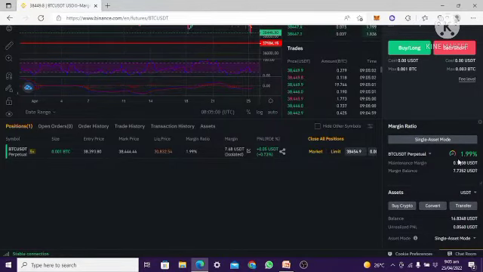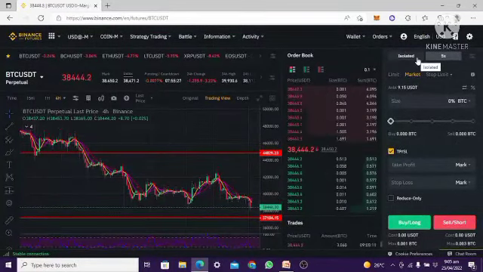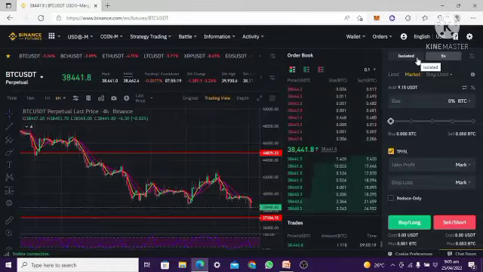So either you close the position, because you know in this particular case, when I was explaining isolated and cross margin, I talked about cross margin. It fills in the space for you when you are using cross margin. That is your balance.